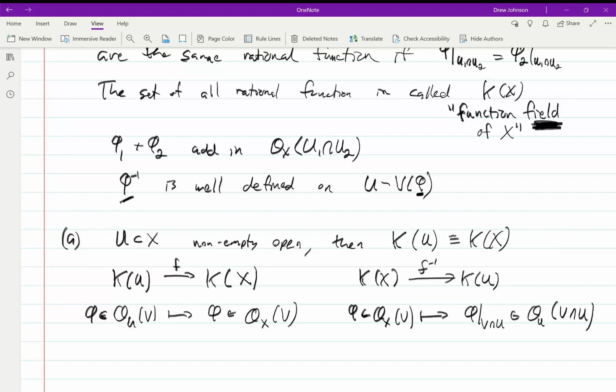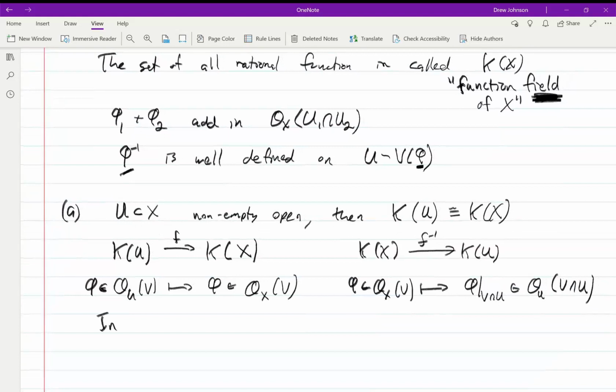Okay, so if you have an open subset, and this is, remember, a dense open subset, then the function fields are isomorphic.